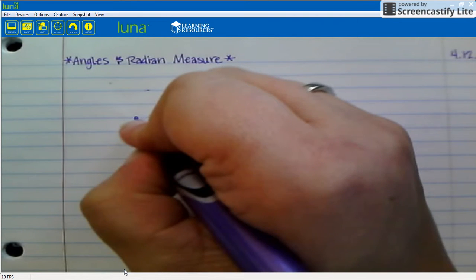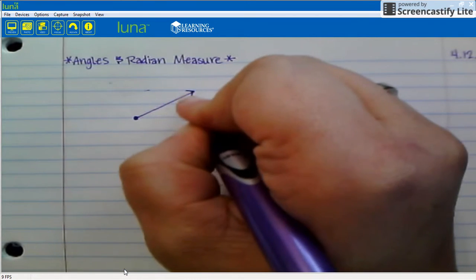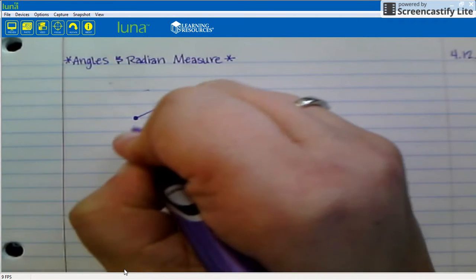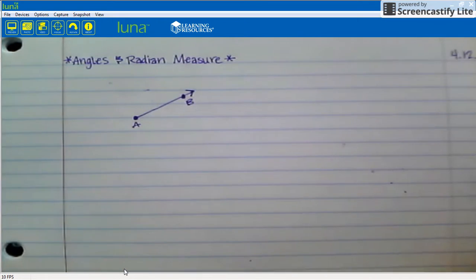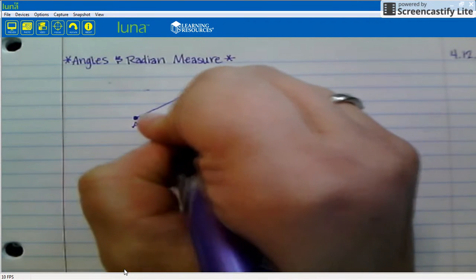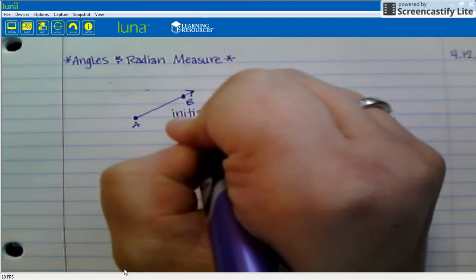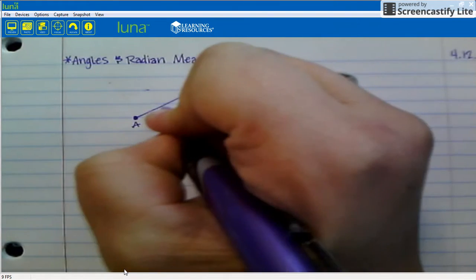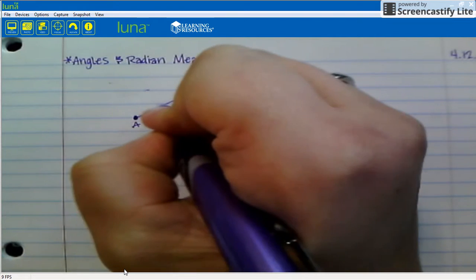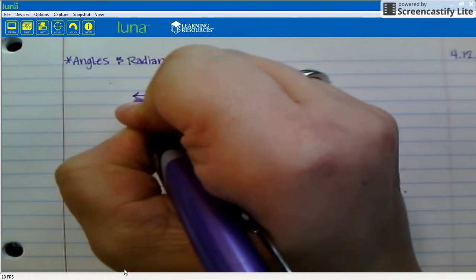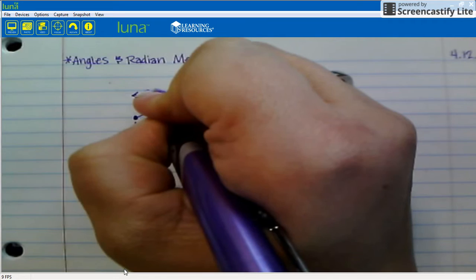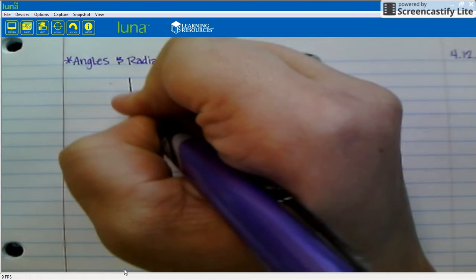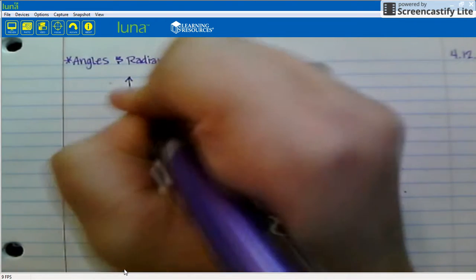And so what that looks like is if I have ray AB as my initial side, and I rotate this ray about point A a certain number of degrees, then it's going to have a terminal side.